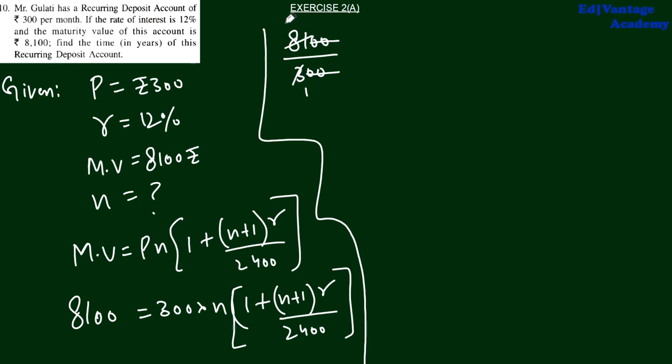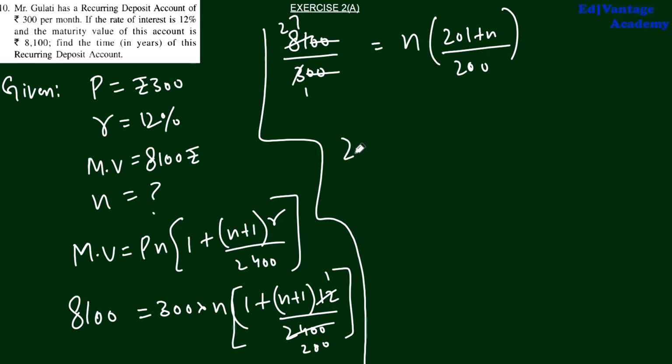3 ones are 3, 27s are 27. And what is this side? N into the LCM part will come. Let me substitute the R value first. The R value was given here. It's 12%. So 12 and this can go. LCM is 200, and 200 plus n plus 1, that is 201 plus n.